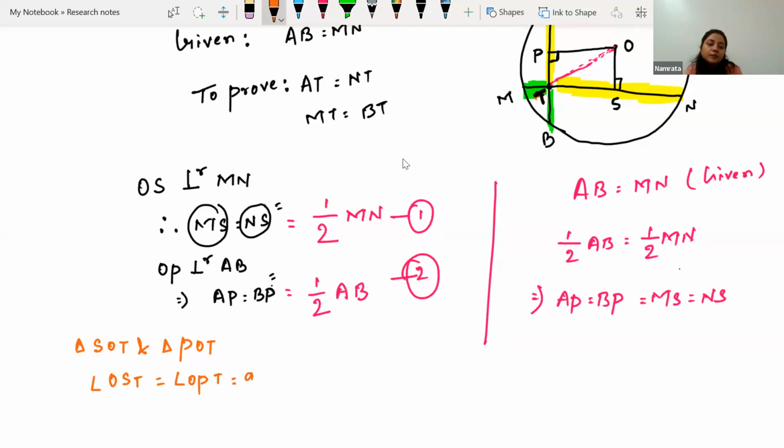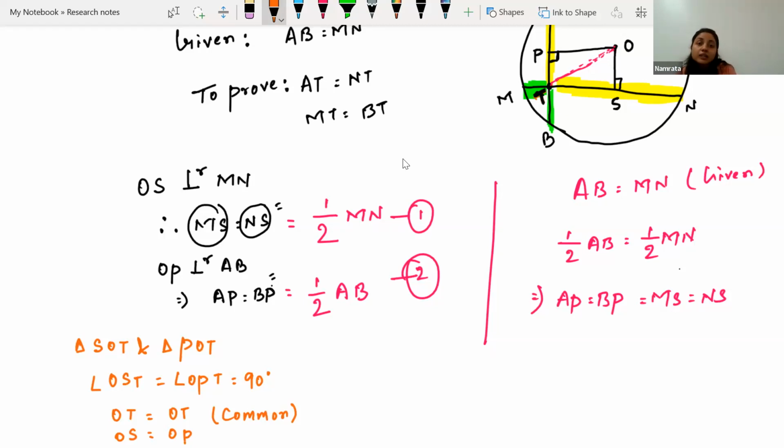Both are 90. We can also see here OT and there OT. Both are a common side. What else can we say? Can we say OS over here is equal to OP over here? Why will we say that? Equal chords are equidistant from the center. Yesterday only we discussed this theorem.